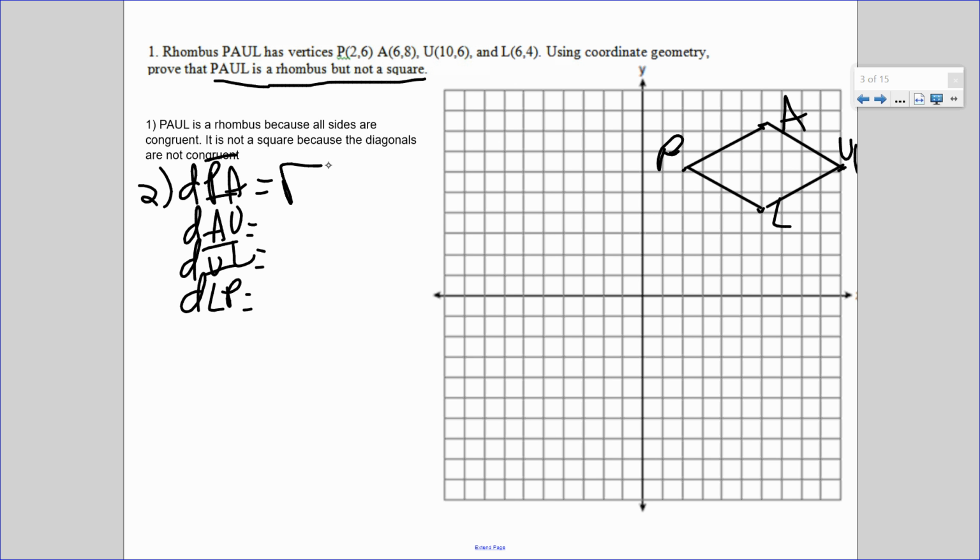Now, my distance formula, which you really need to know, is radical delta x squared plus delta y squared.